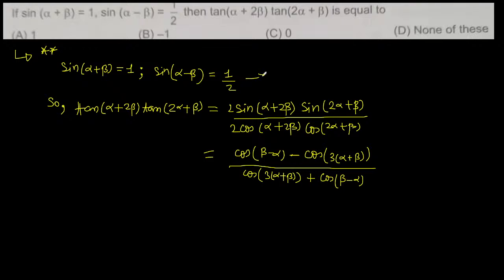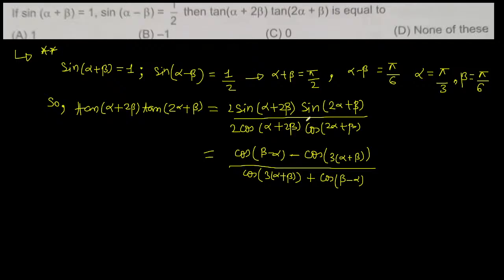Or one thing we can do here. Alpha plus beta is pi by 2 and alpha minus beta is pi by 6. From there if we add it we get alpha equal to 60 degree and beta equal to 15 degree. 90 minus 30 is 60, 60 by 2 is 30.